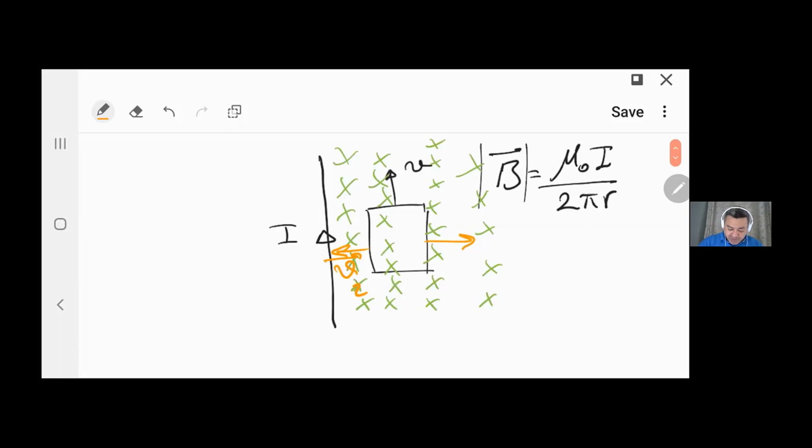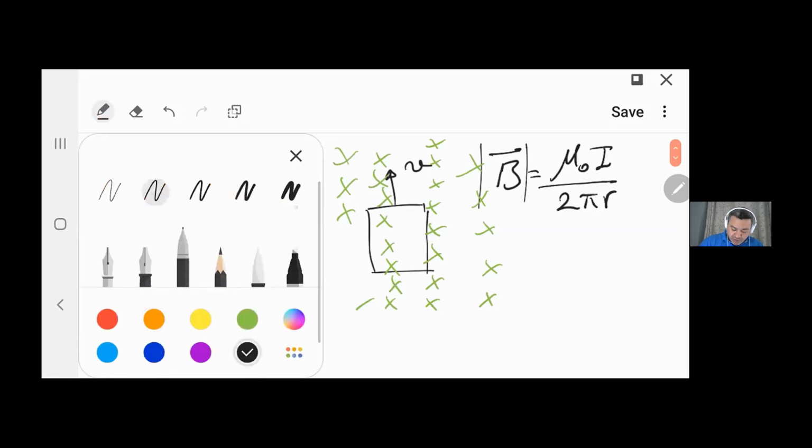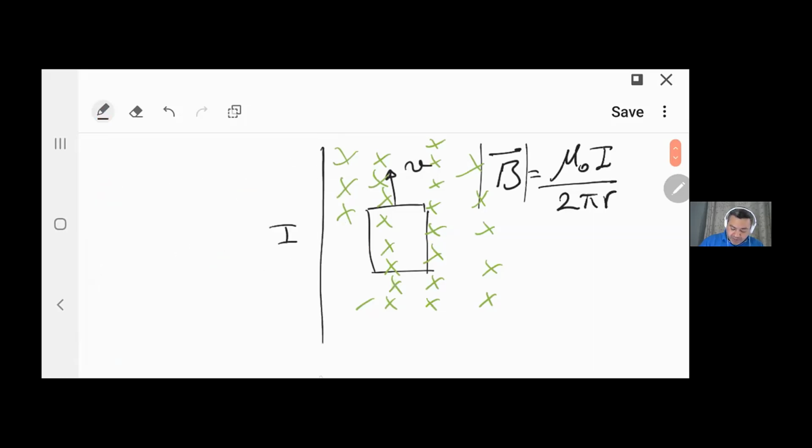But right now, only moving parallel, I will not be seeing any variation in the flux. There won't be any induced electromotive force.